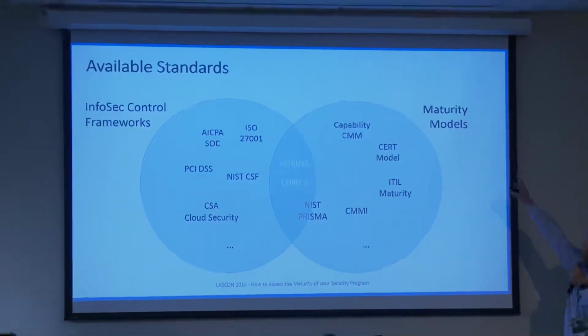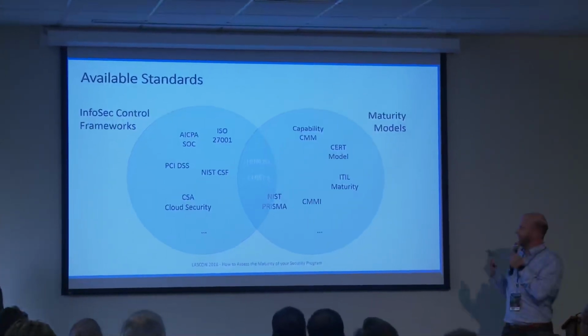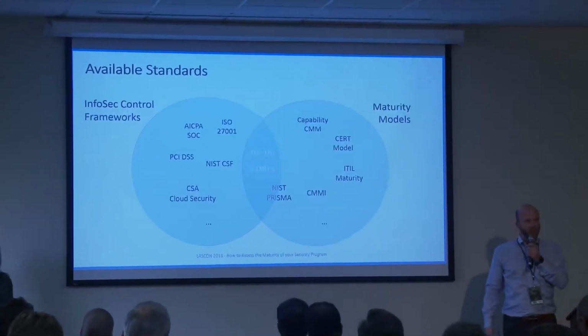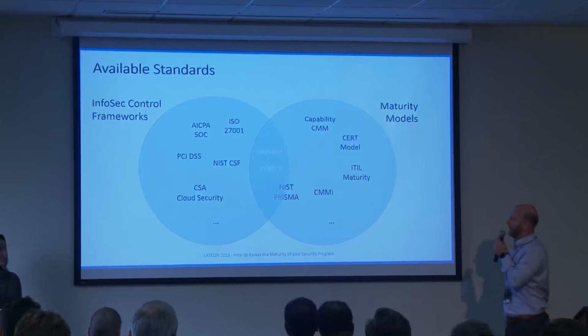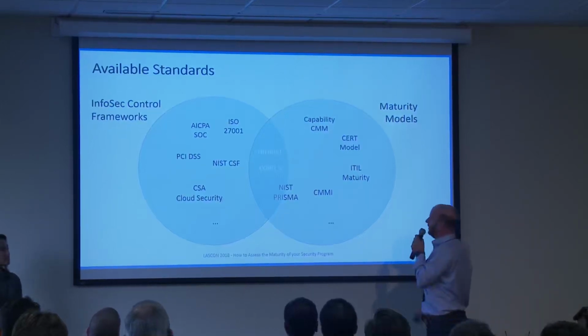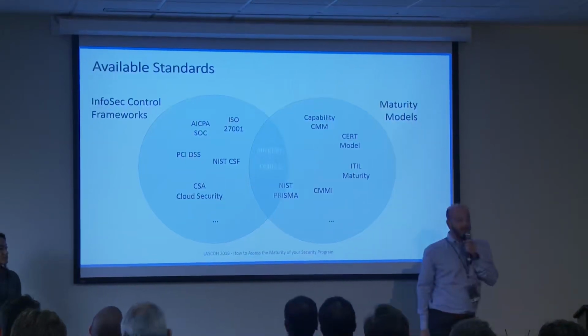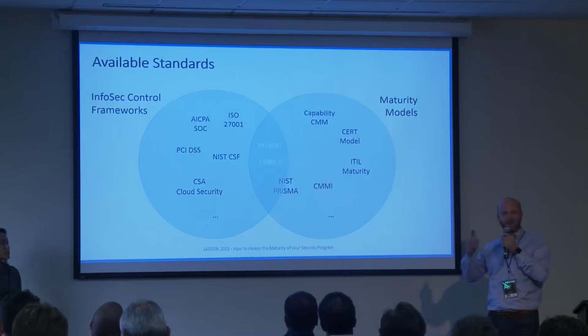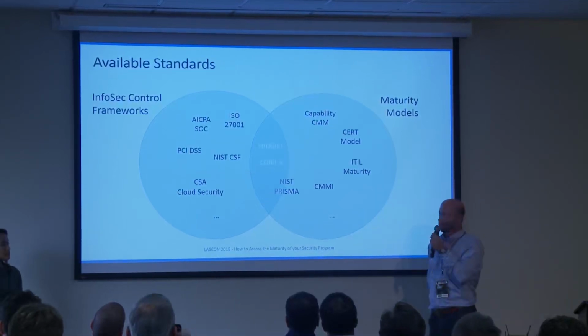And there are also standards that deal specifically with how to express maturity of programs, whether they are security related or not. And then there are a couple of standards that do both. COBIT gives you sets of controls, but also a way to manage maturity. HITRUST has that built in to some extent.